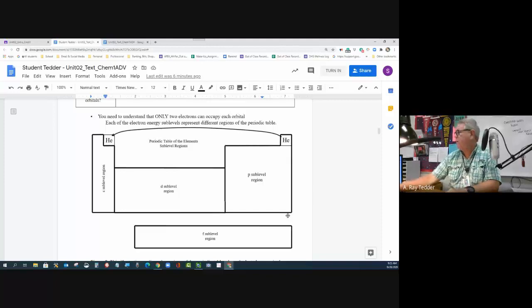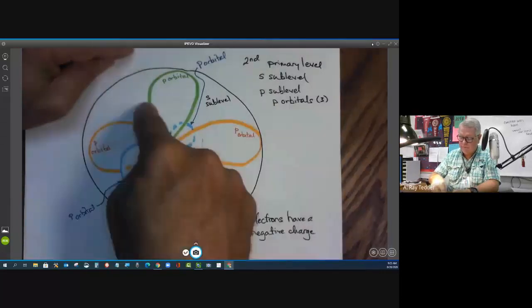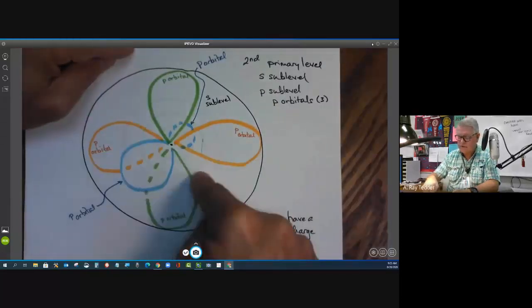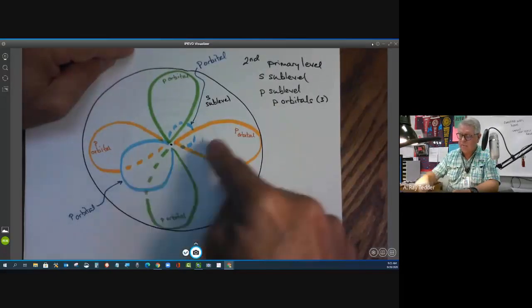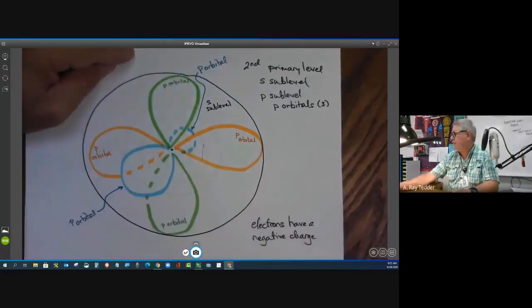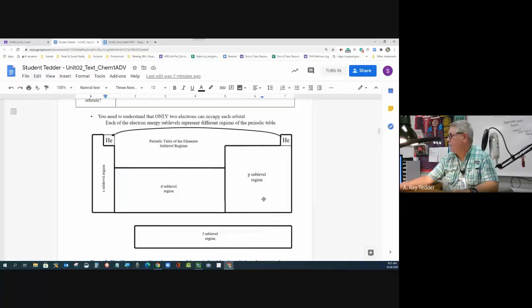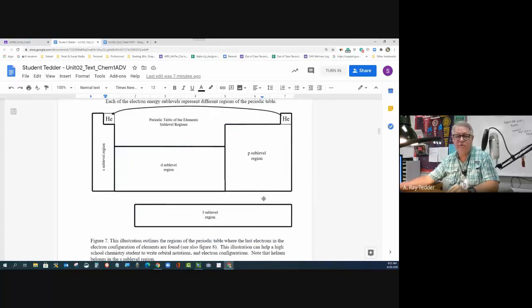So we've been talking about this S sublevel, and there's an S sublevel in the first primary level below that inside of all of this, and the P sublevel that's made up by these orbital shapes. But there are other sublevels as well. As you go further down the periodic table, let me put my periodic table up here and show you.